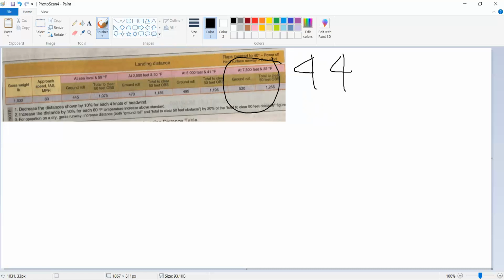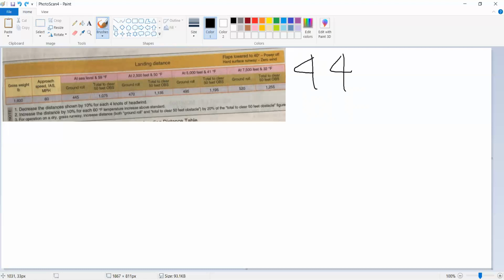For now, let's jot down 12,500. No, that's 12,550 we're looking at. So it doesn't go to that box then.